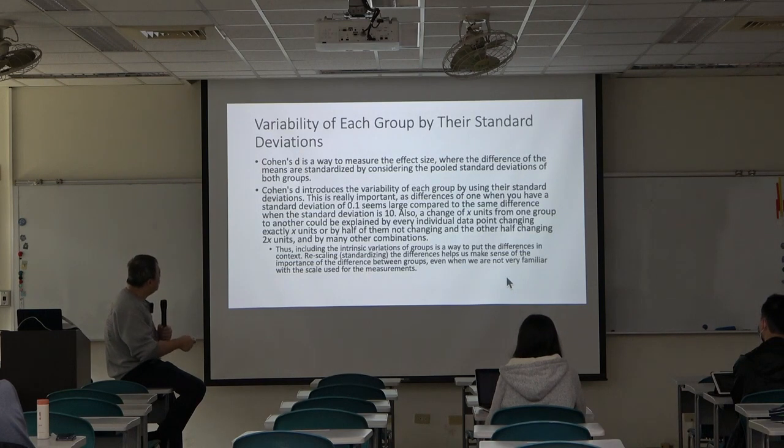So Cohen's d is a way to measure effect size, where the difference of the means is standardized by considering the pooled standard deviation of both groups.